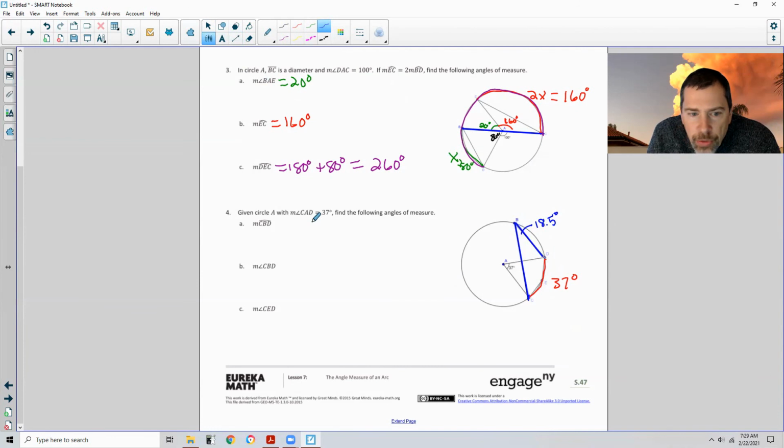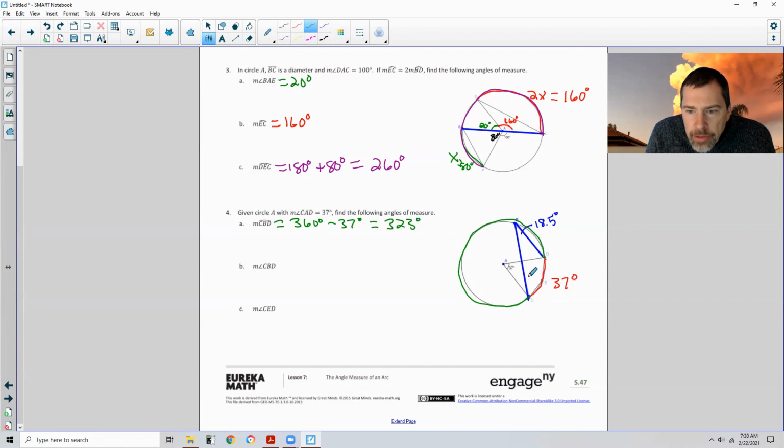Okay, so we're looking for a major arc CBD. C all the way around to B to D. So the first one is asking for this major arc all the way around here, which is 360 minus 37. So I'm going to say that. It's 360 degrees minus 37 degrees, which equals 323 degrees.